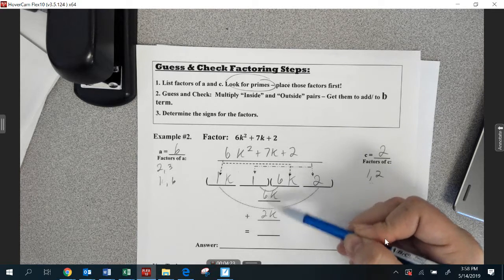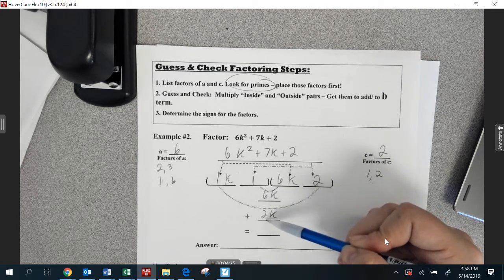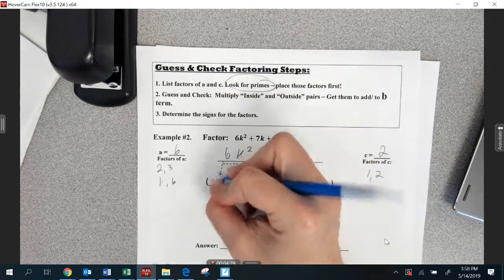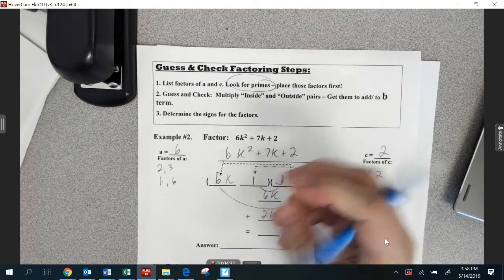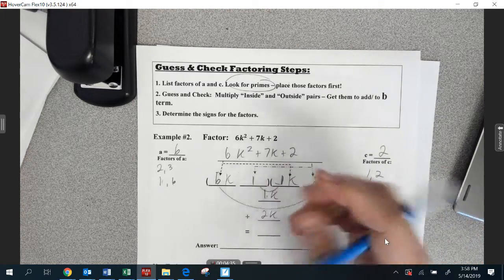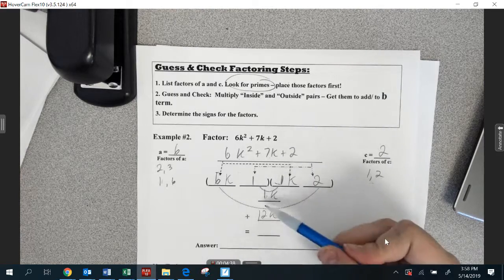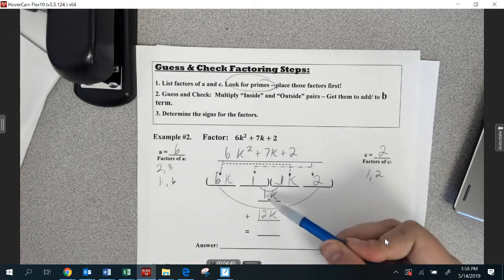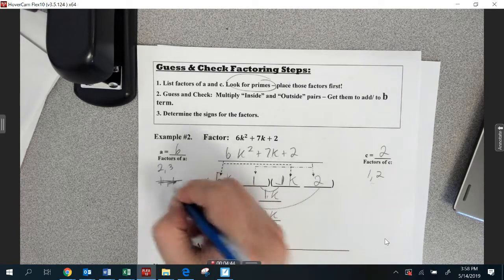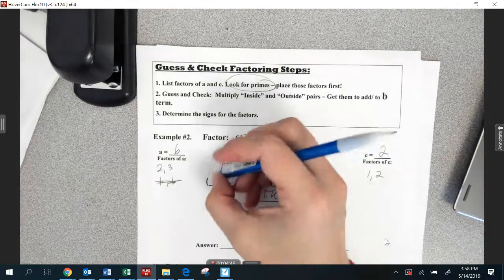I could add those and make 8, or subtract them and make 4, but not 7. So let's try switching. That would give me 1k in the middle and 12k on the outside. I can add those and get to 13, or subtract them and get to 11, but definitely not 7. So I've eliminated all the possibilities with 1 and 6.